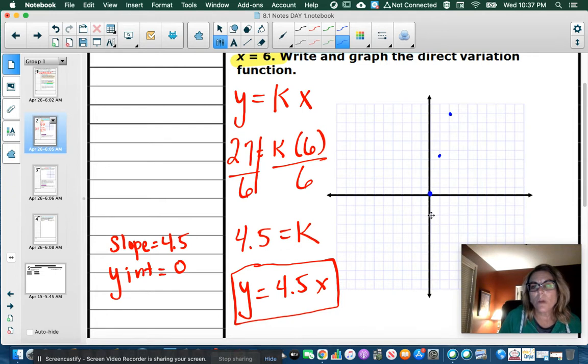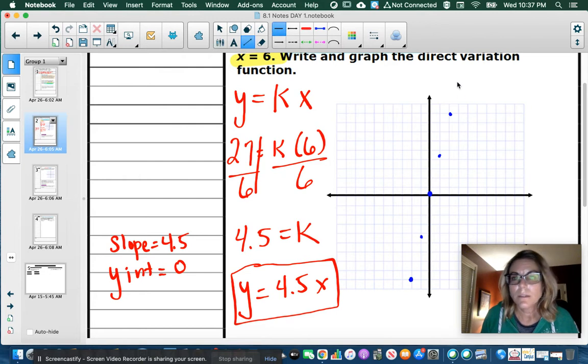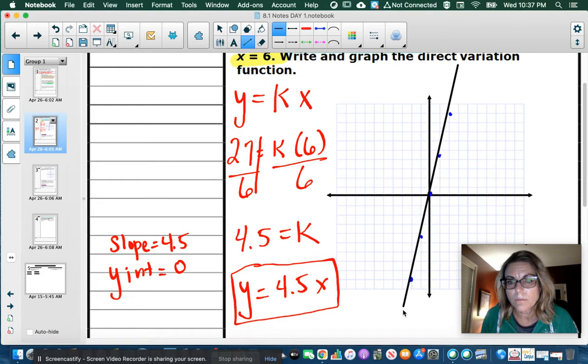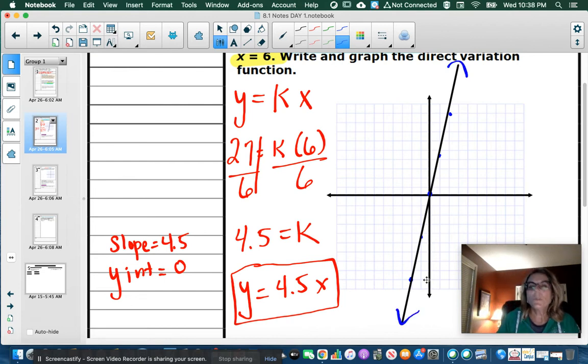Or down 4.5 to the left 1. Now, if I draw my line, which I sometimes struggle with, I did pretty good actually. There's our graph. We know it's going to go up and to the right because our slope is positive.